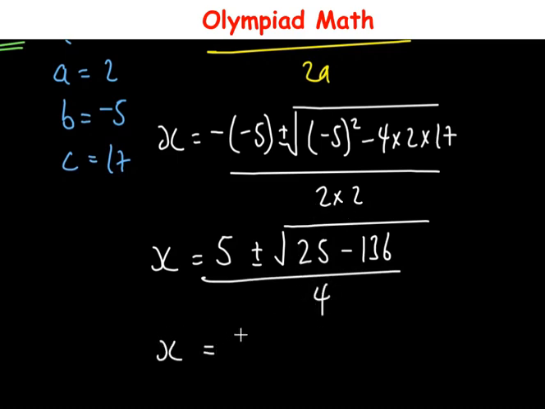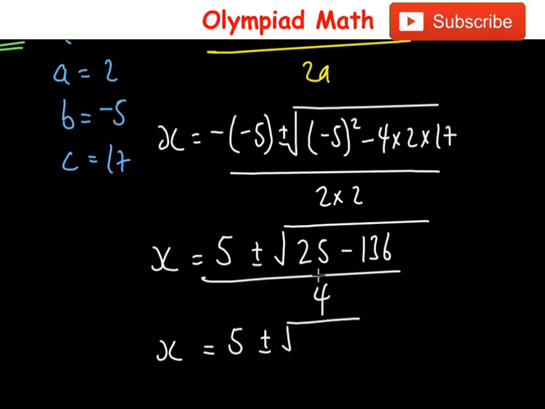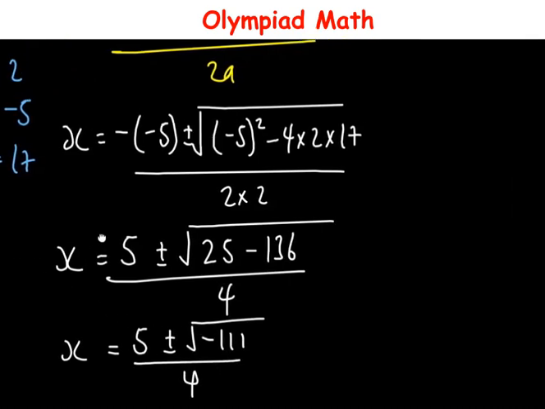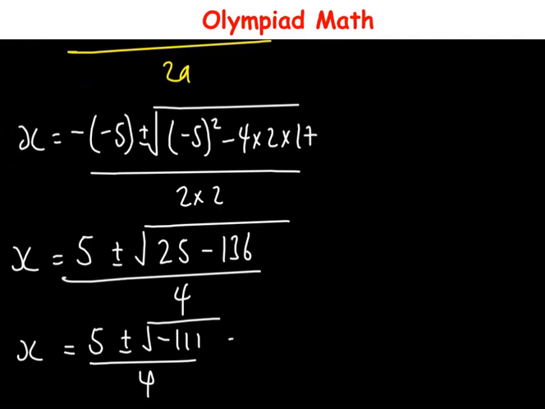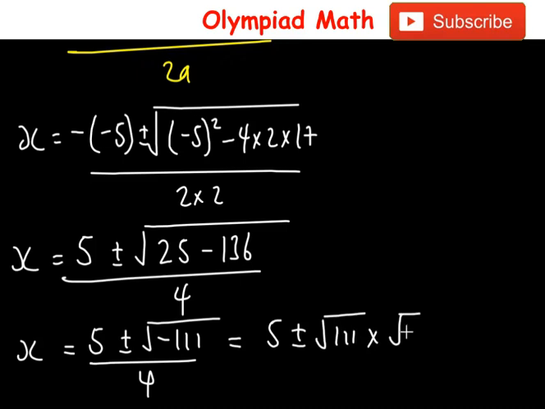So x is equal to 5 plus or minus the square root of 25 minus 136, which is minus 111, all over 4. And from here, we can write root minus 111 as root 111 times root minus 1, all over 4.